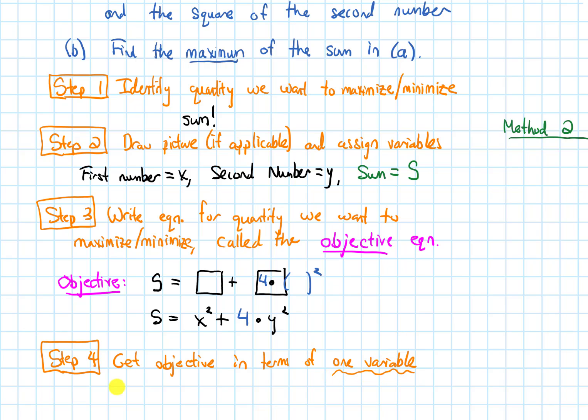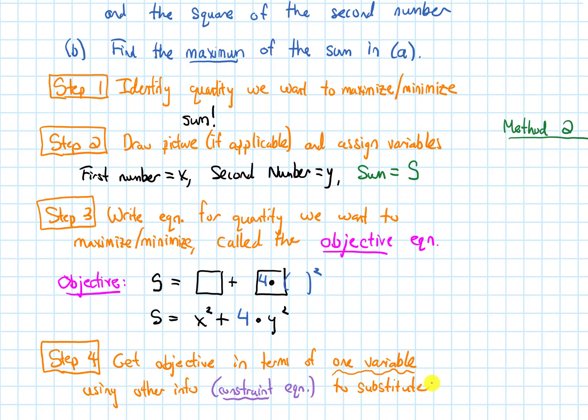I'm going to emphasize that using other info in the problem, and this other info is called a constraint. So I will call it the constraint equation. We use other information to write down some equation, and once we have that, we will substitute.